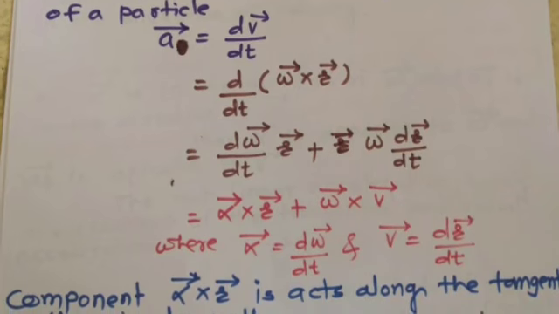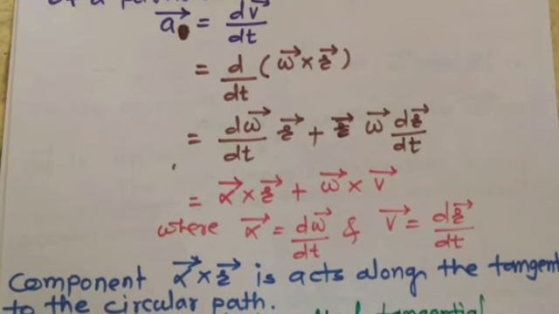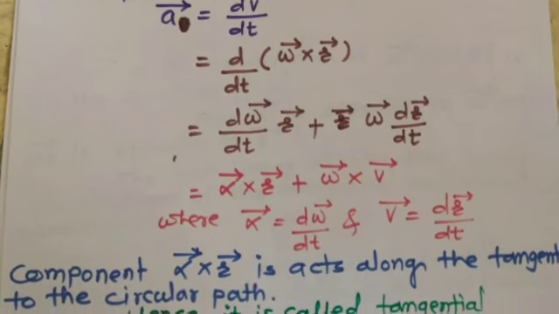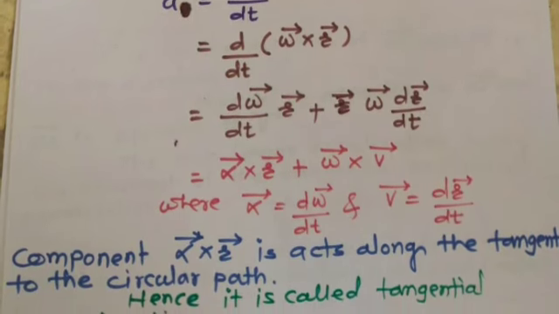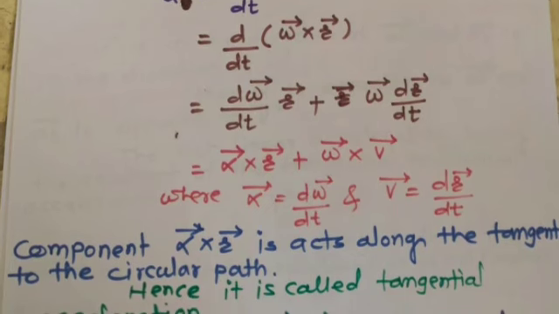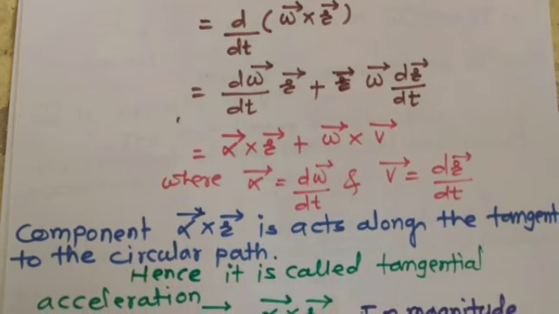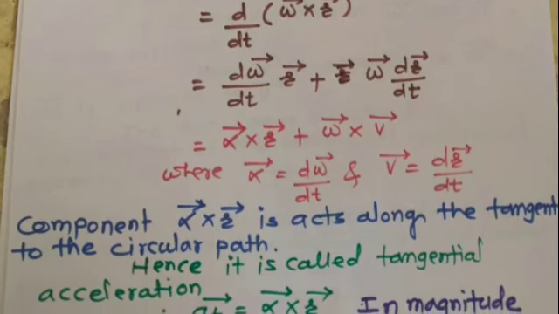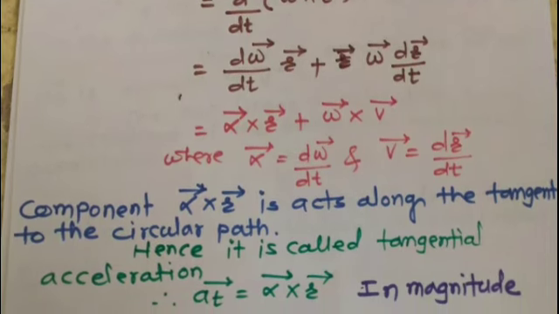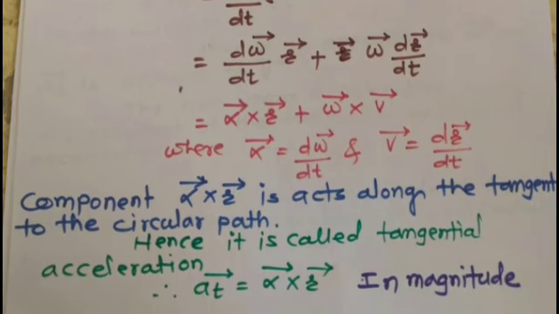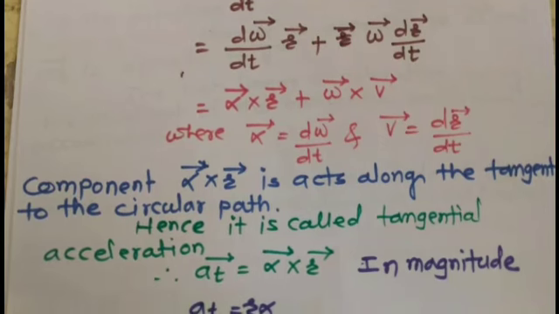So, vector a is equal to vector alpha cross vector r plus vector omega cross vector v. The component vector alpha cross vector r acts along the tangent to the circular path. Hence, it is called tangential acceleration. So, vector a_t is equal to vector alpha cross vector r. In magnitude, a_t equal to r alpha.